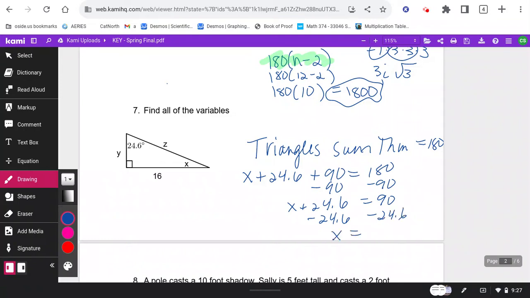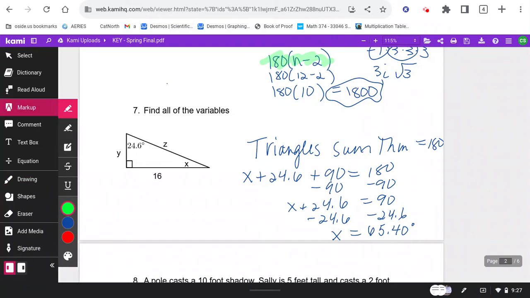Grab a calculator. So that's just the angle to start with.